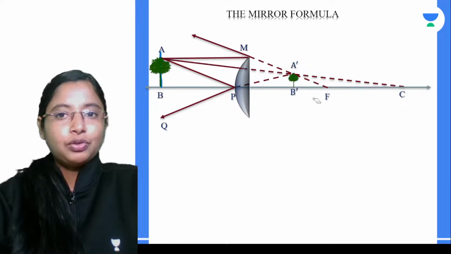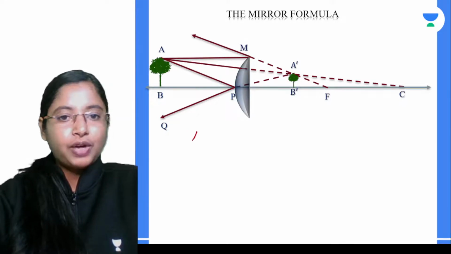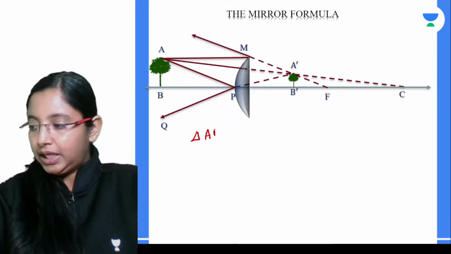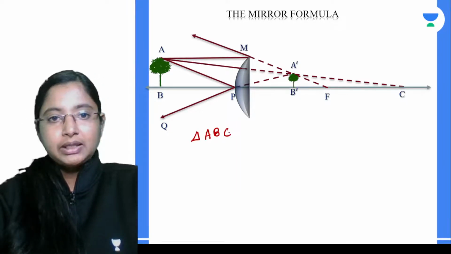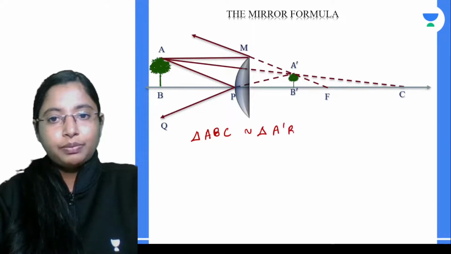So we have two triangles over here: triangle ABC, which is similar to triangle A dash B dash C.